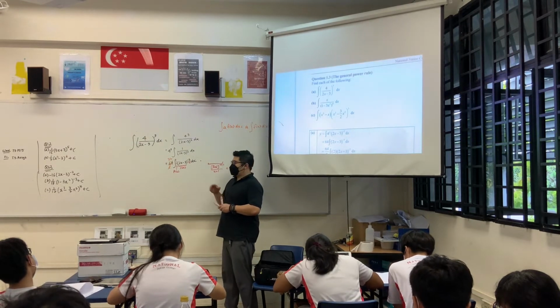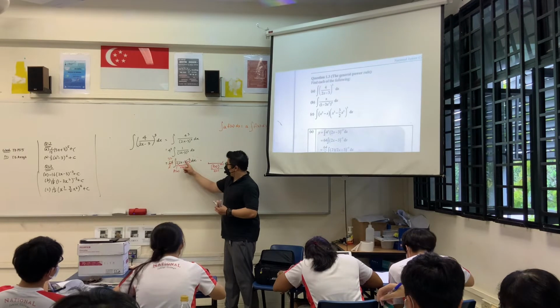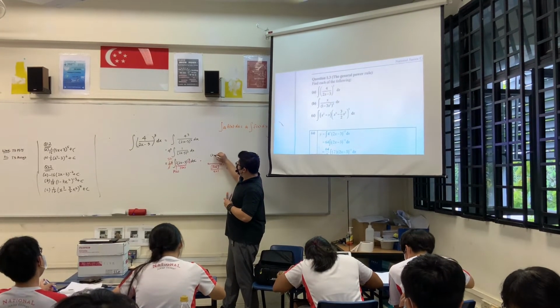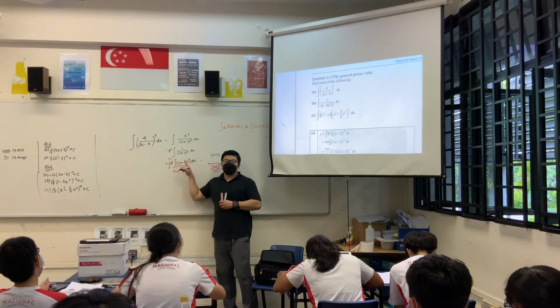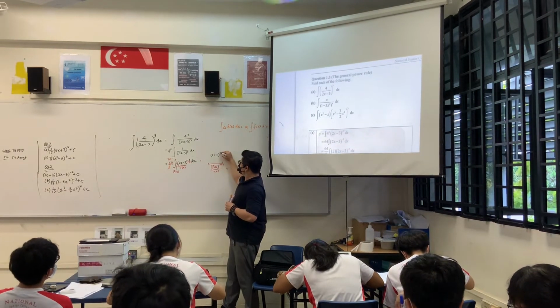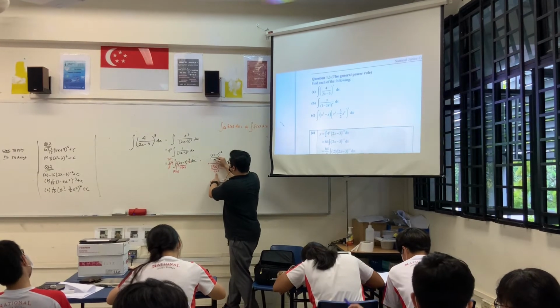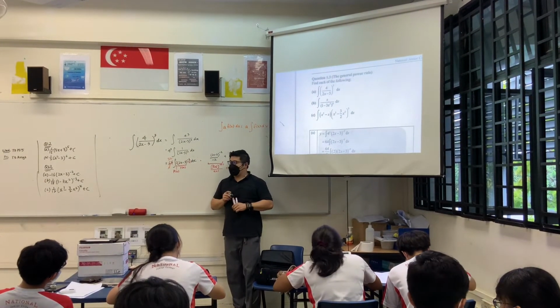So we recognize very clearly who is our f x. This is my f x. This is my n. And some of you wrote n as 3. No, so minus 3 plus 1 is negative 2. This is negative 2 plus c.